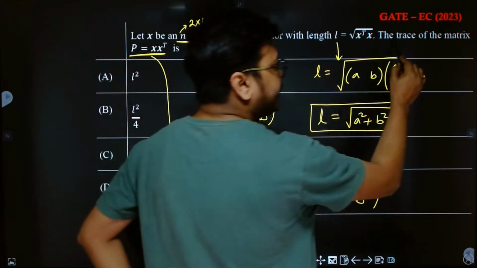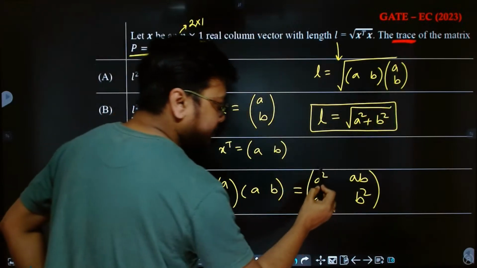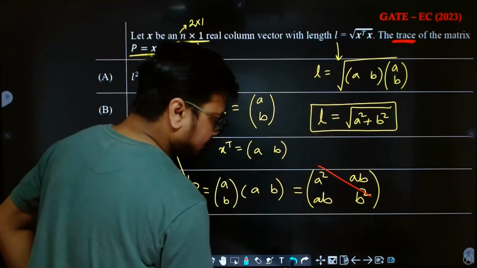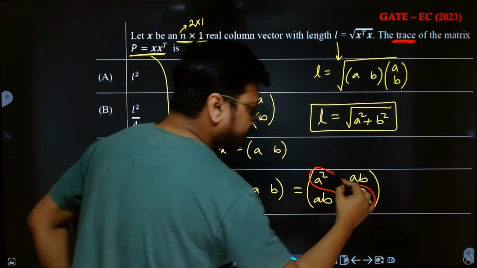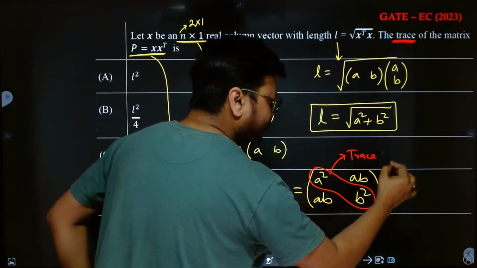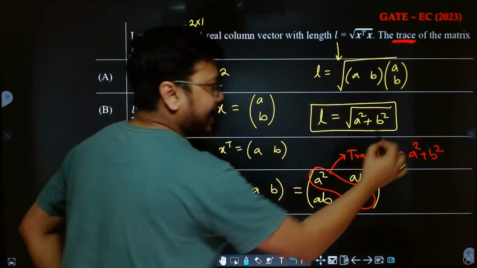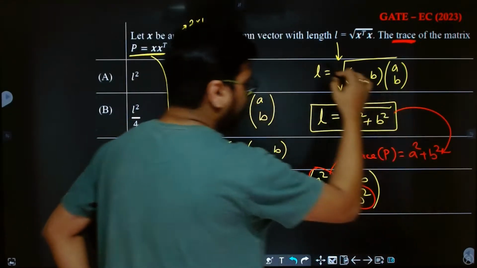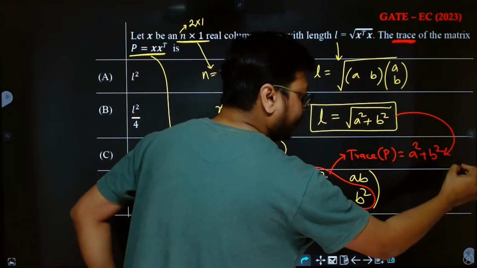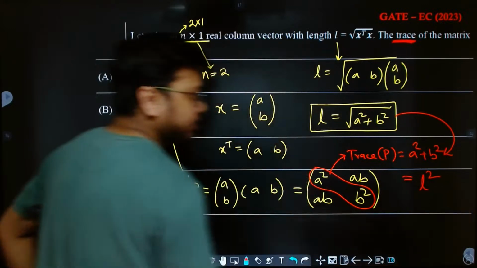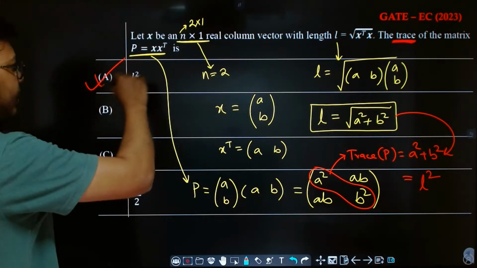Now you need to find the trace of this matrix. The trace is a square plus b square, and that is the same as L square. So your answer becomes L square, option A.